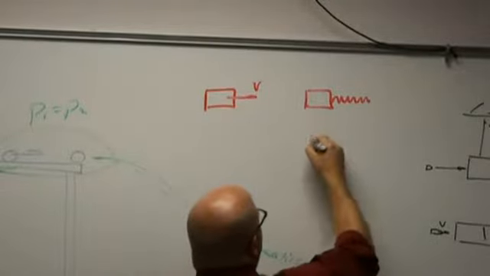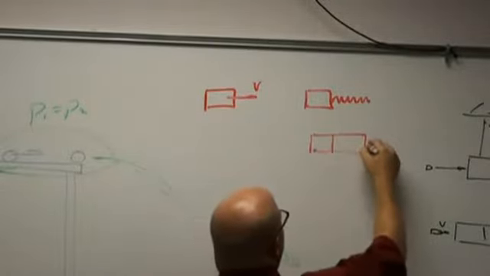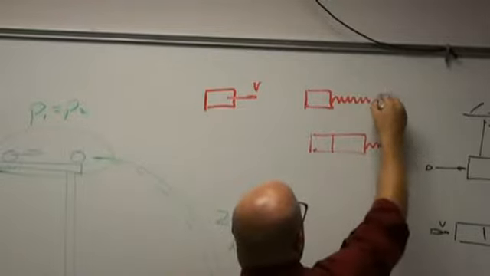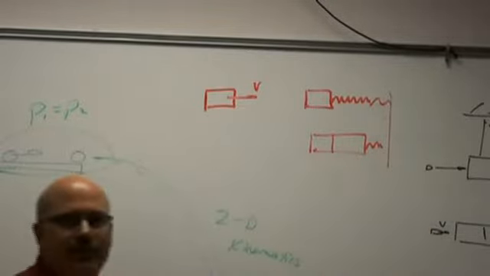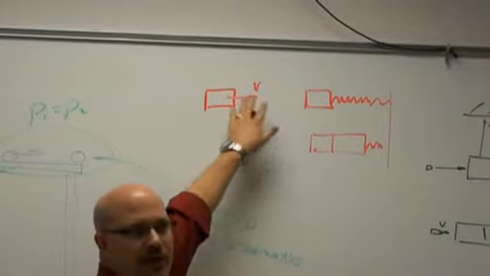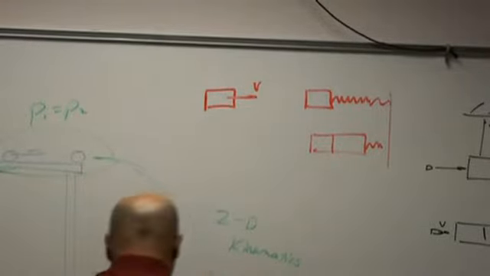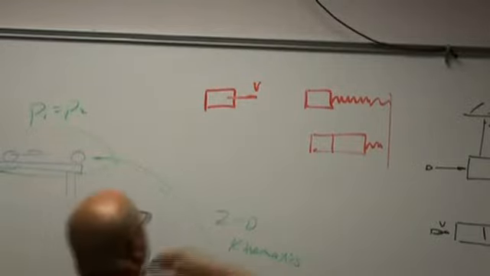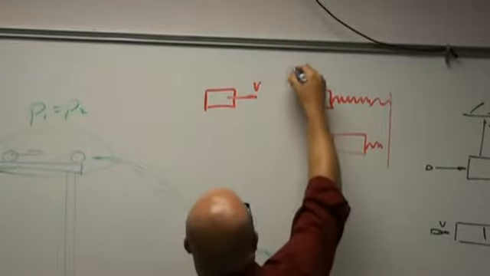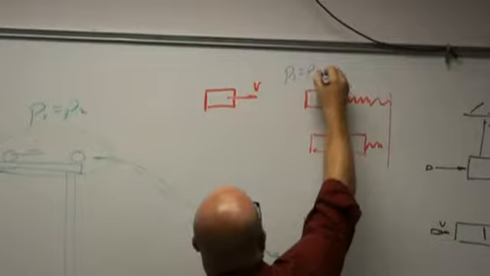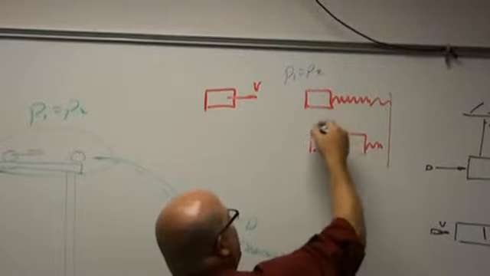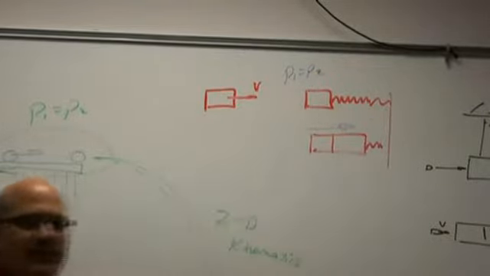After it hits it, they stick together and compress the spring. Okay, this part right here where they hit and collide, what kind of physics? Collision. Therefore, probably conservation of momentum. P1 equals P2.